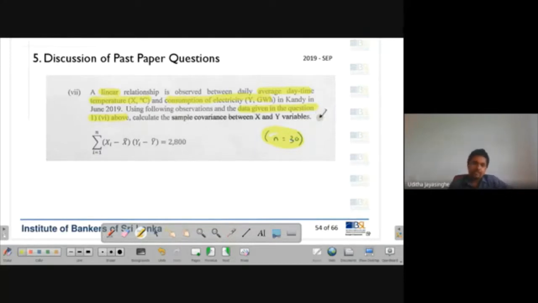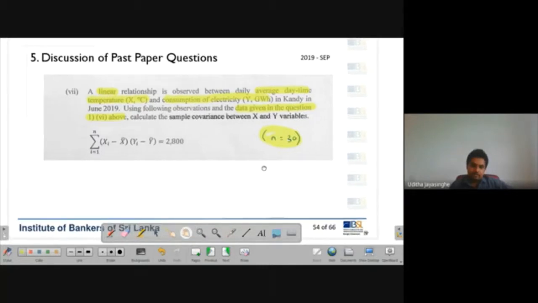Likewise, there could be different relationships. So one is trying to find that relationship, and for that they have taken this equation and are going to ask you to calculate the sample covariance between the x and y variables. It's a straightforward calculation. How do you calculate the covariance?